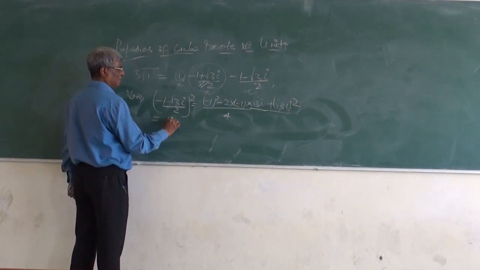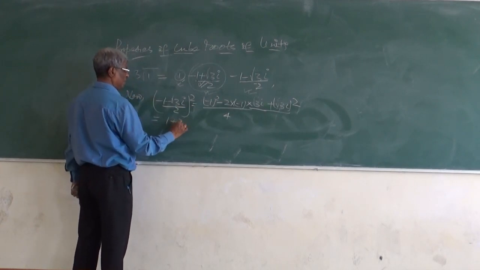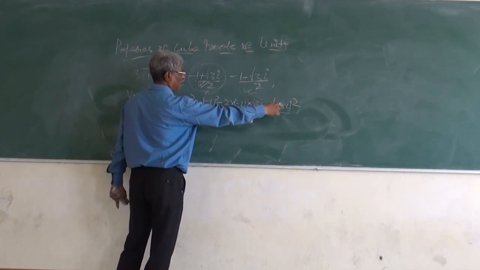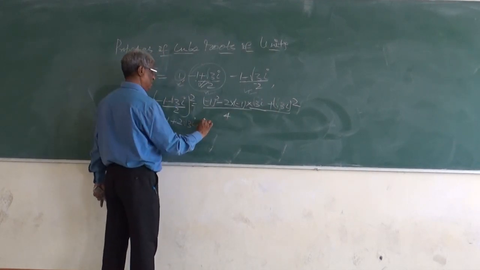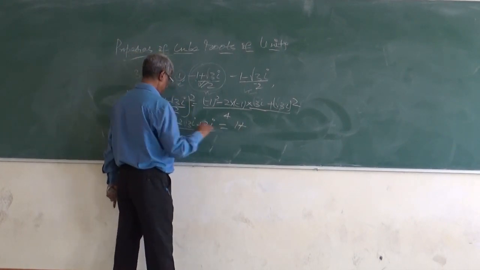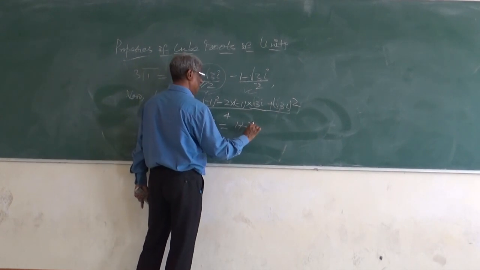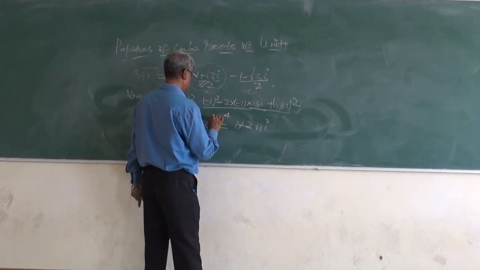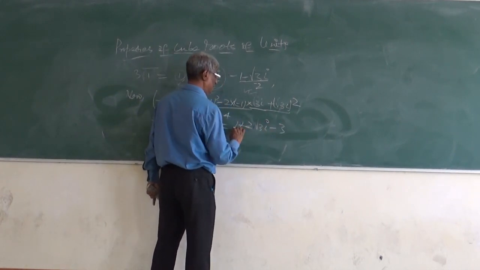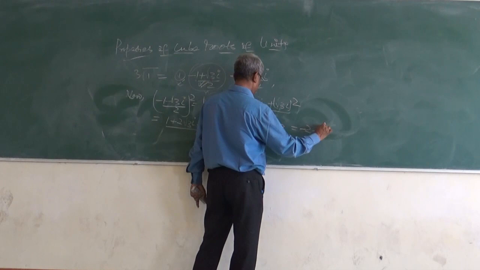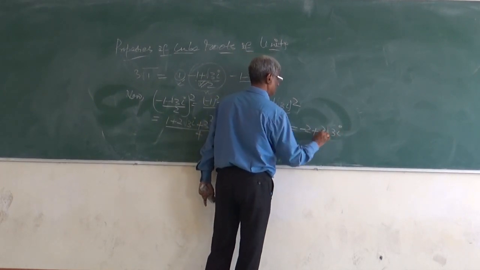So this will be 1 plus 2 root 3 iota, and the square of root 3 will be 3, so this will be 3 iota square, divided by 4. Then 1 plus 2 root 3 iota, and iota square is minus 1, so this will be minus 3 divided by 4. Minus 3 plus 1 is equal to minus 2 plus 2 root 3 iota by 4.